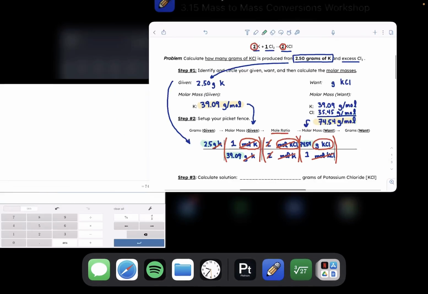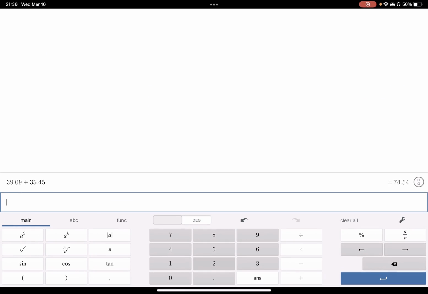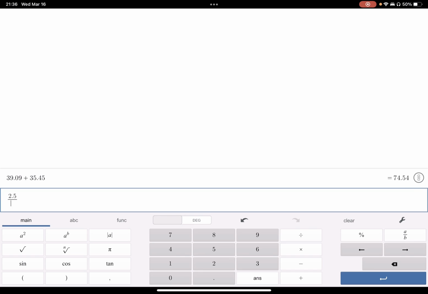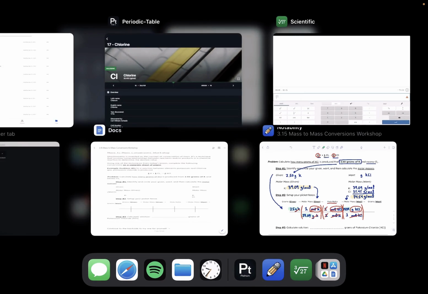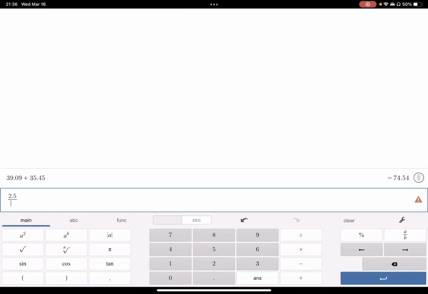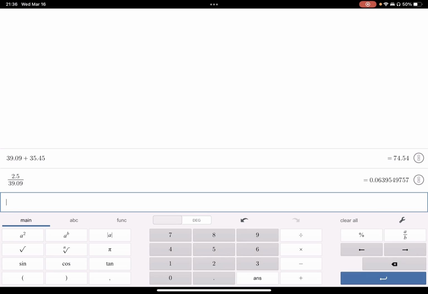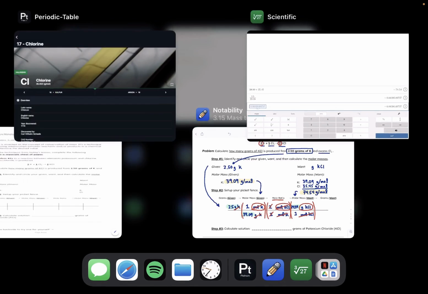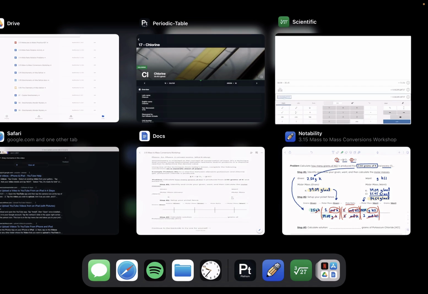So let's go ahead and plug that in. So 2.5 divided by 39.09, okay, gives me 0.06. And then we're going to go ahead and take the answer and multiply it by 74.54.